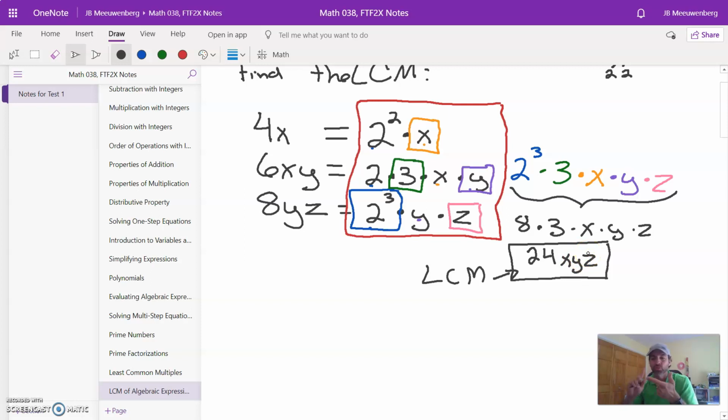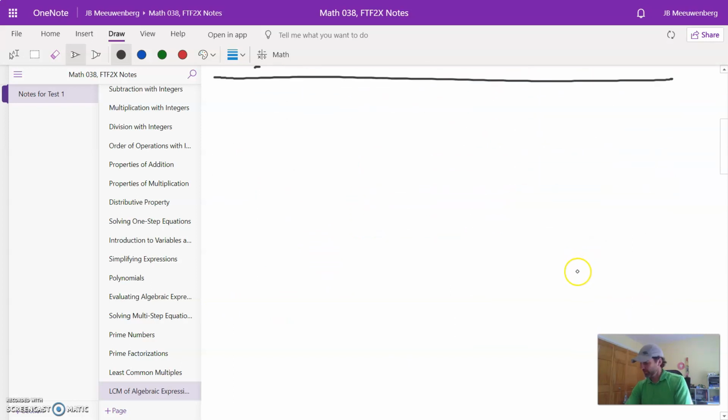If I gave you actual numbers for x, y, and z, and you substituted them into each of these terms over here, and their least common multiple, this number, whatever it would be, would be divisible by all 3 of these. It would be a multiple, the smallest common multiple, for all 3 of these numbers. Okay? All right. Let's do one more of those.